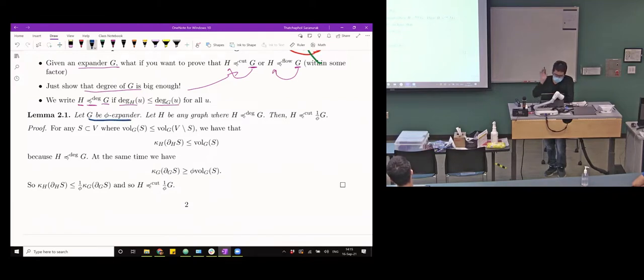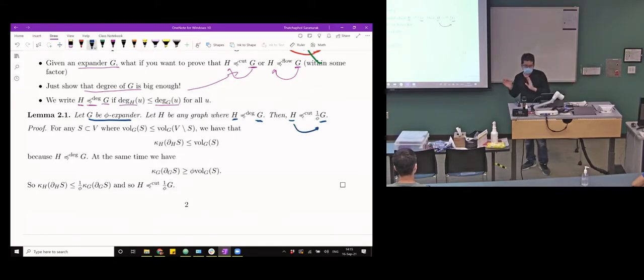If G is an expander, and the degree of G is more than the degree of H for every node, then H is indeed less than G cut-wise, but with a factor of phi. So if you have a very good expander, then H is less than G with a constant factor. But if phi is small, if it's not really a good expander, then it doesn't say much here.